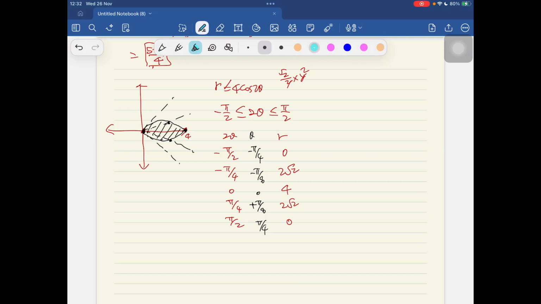We will find the upper side and times 2. Of course, you can make it from negative pi over 4 to pi over 4, but always 0 makes the calculation easier. So 2 times half of integral 0 to pi over 4, and R is 4 cos 2 theta, squared, d theta. This will be the answer.